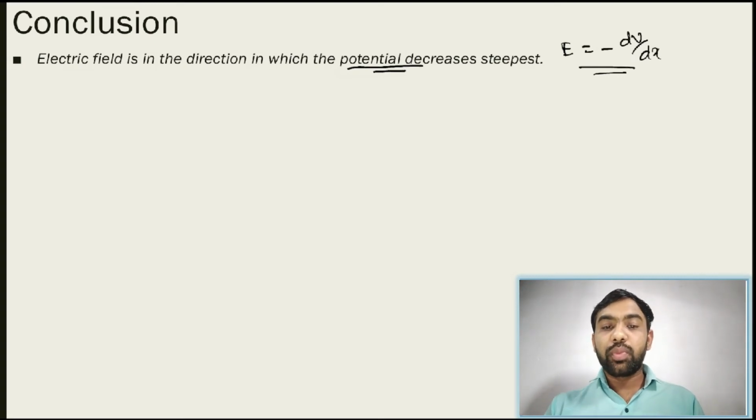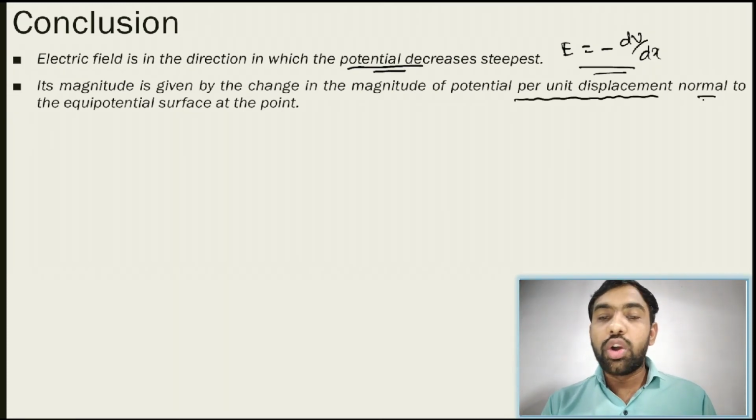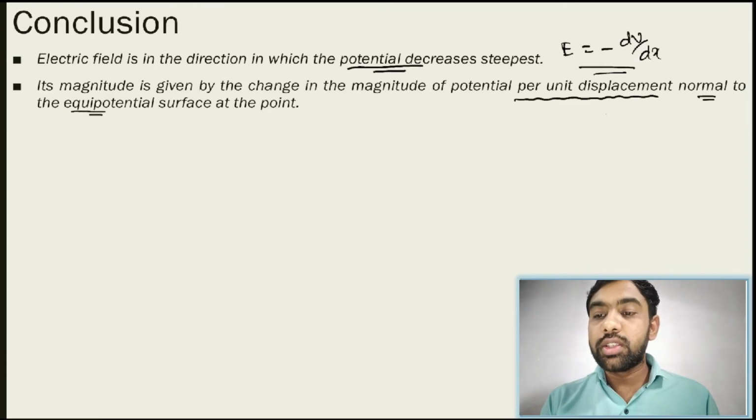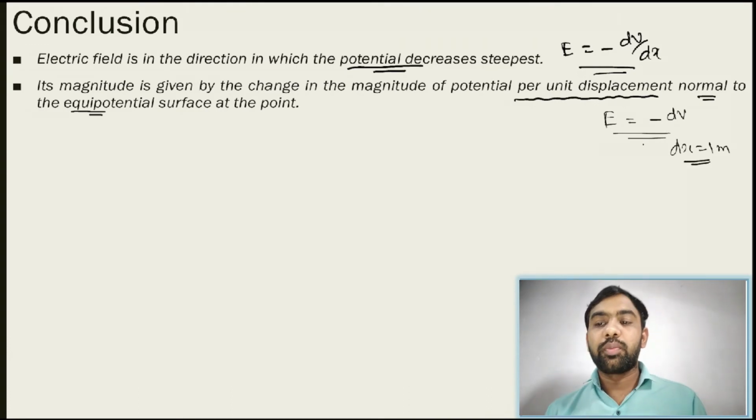Second conclusion. Its magnitude is given by the change in the magnitude of potential per unit displacement, per unit displacement normal to the equipotential surfaces. For unit displacement dx, what is E? E is equal to minus dV. Why? You consider dx is equal to 1 meter. If dx is equal to 1 meter then the electric field is the change in potential.